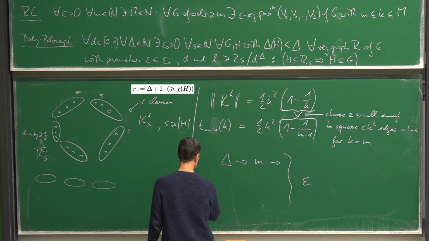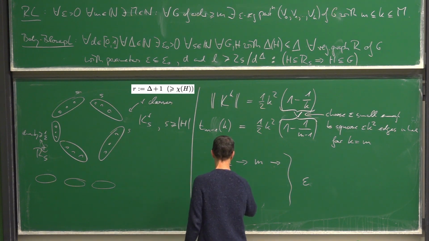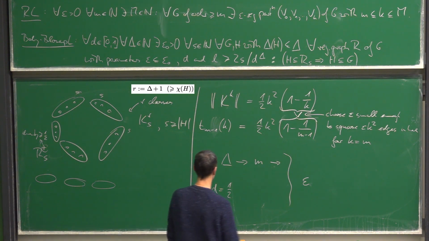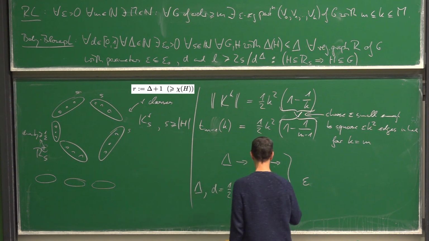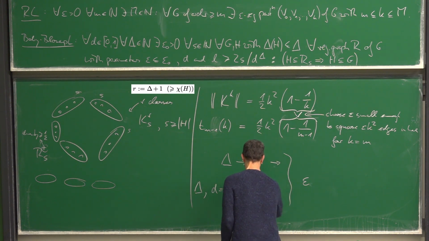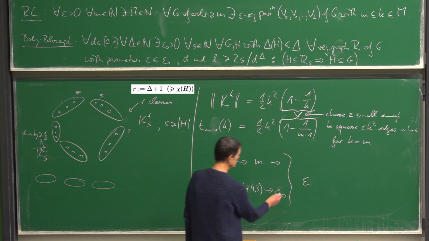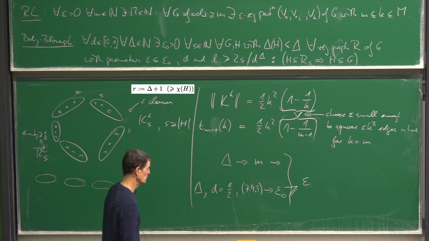So the blowup lemma takes as input d equals a half, and delta, and then the blowup lemma gives epsilon naught, and we choose epsilon also smaller than this epsilon naught.